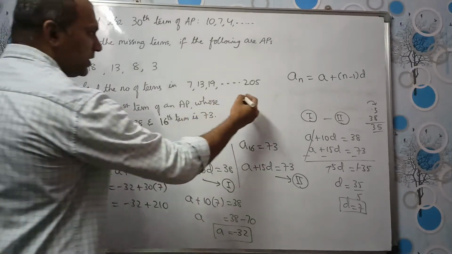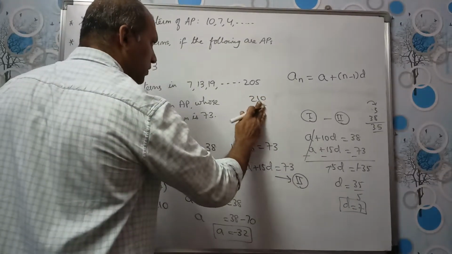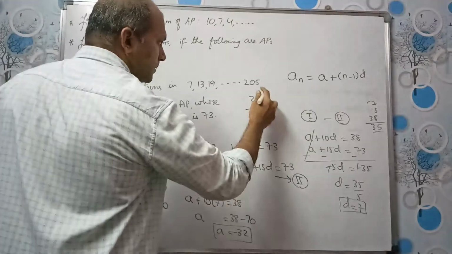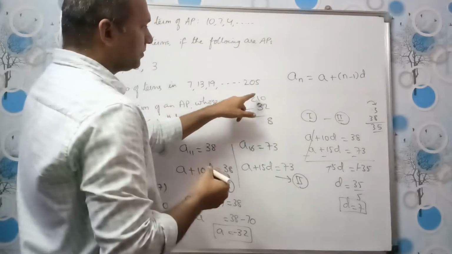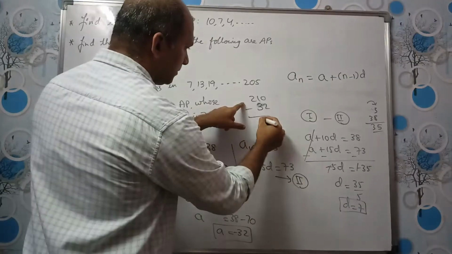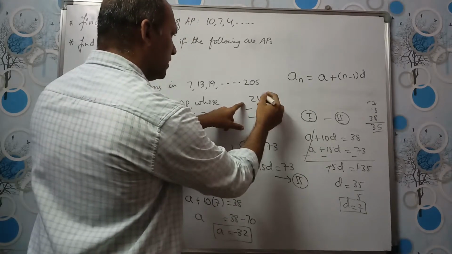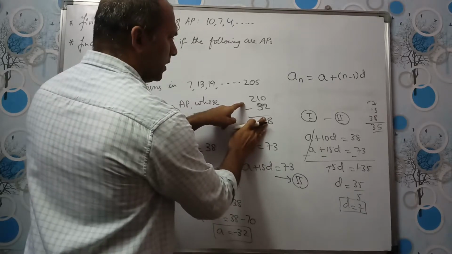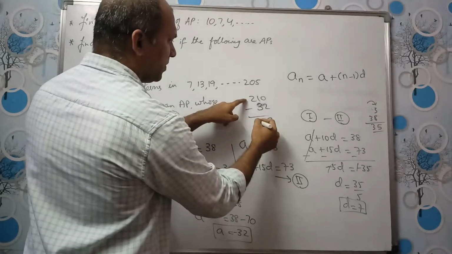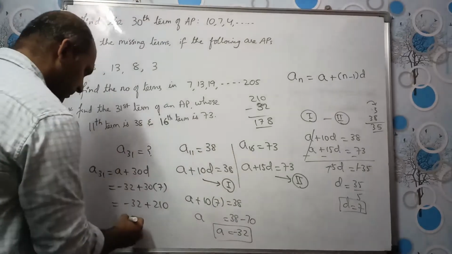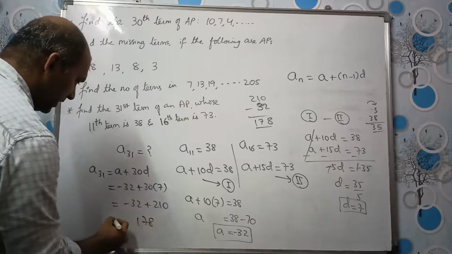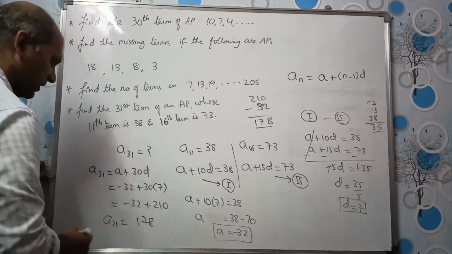So how much will this be now? 210 minus 32 is 178. So A31 is 178.